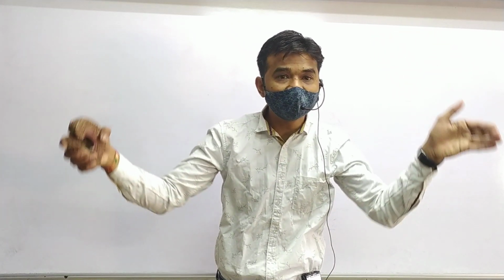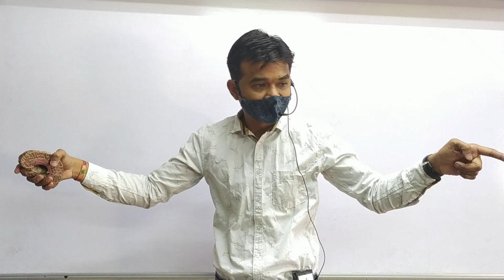The roof of the diencephalon is known as the epithalamus. The lateral wall of the diencephalon is known as the thalamus, and the floor of the diencephalon is known as the hypothalamus.